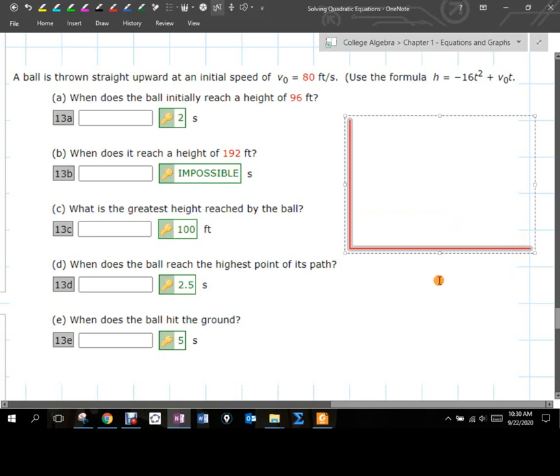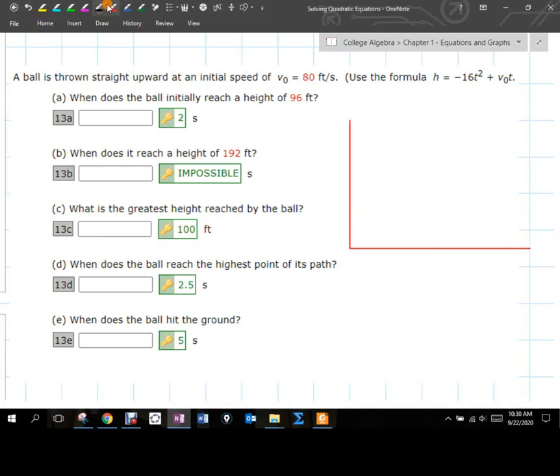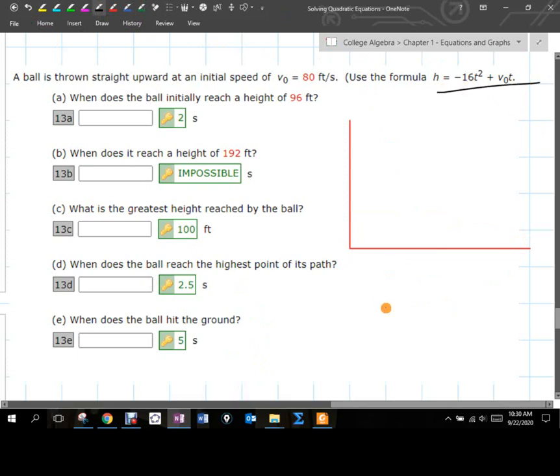All right. First things first, we're going to take our formula here, and we're going to plug in our initial velocity. So we'll have h of t is equal to negative 16t squared plus 80t, right?